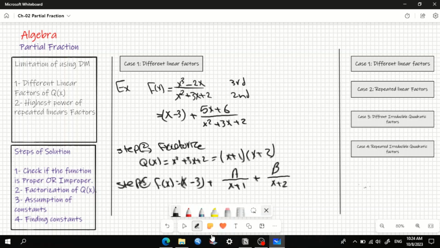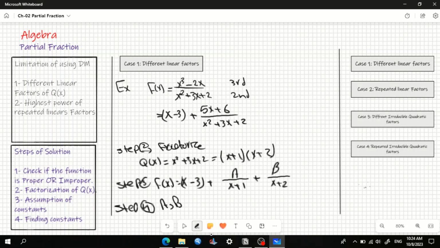Okay, and here let's move to step 4, to get A and B by the direct method.